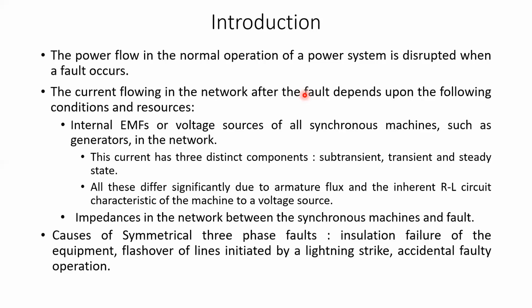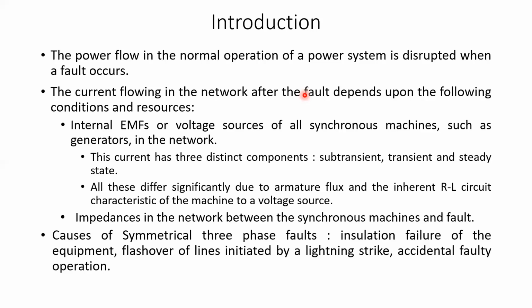The current flowing in the network after the fault depends upon the following conditions. The internal EMF or the voltage source of all the synchronous machines, such as generators, in the network. The current that flows after the fault happens has three distinct components. The current flowing immediately after the fault is called the subtransient current.